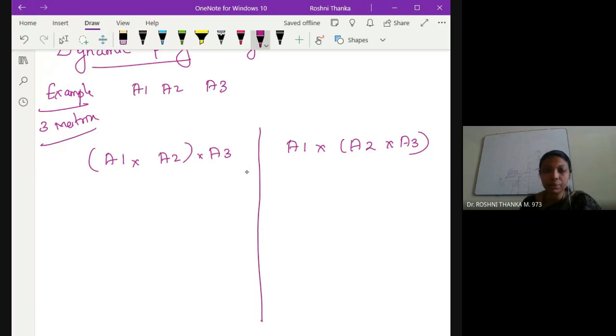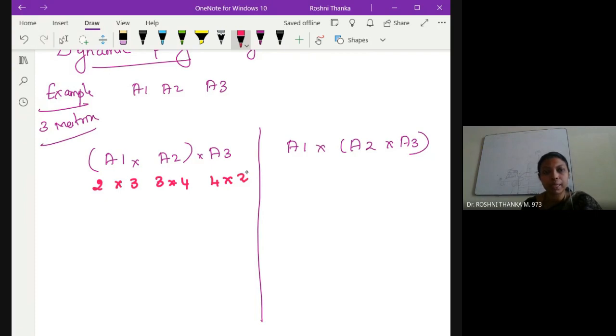So let us assume some dimensions for all these matrices. Dimension means how many rows and columns each matrix has. Let us assume the dimension of the first matrix is 2 cross 3, then it is 3 cross 4, and it is 4 cross 2.